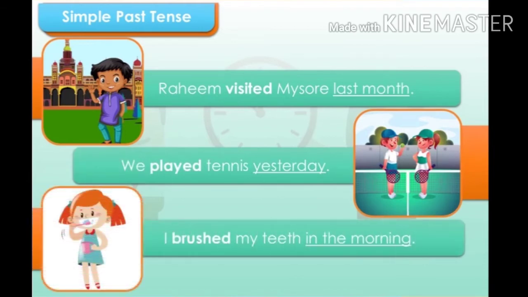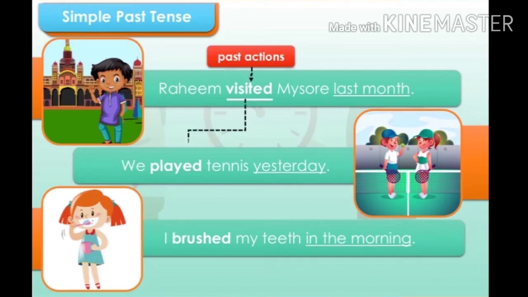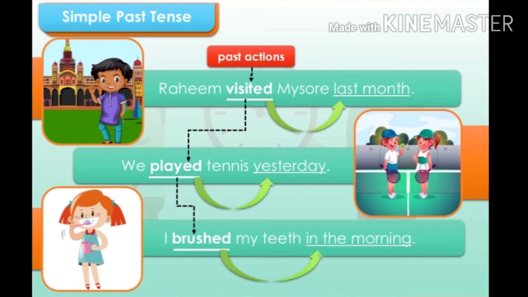We played tennis yesterday. I brushed my teeth in the morning. These sentences clearly show actions happened in the past. The action words visited, played, brushed talk about past actions, actions that are completed or finished. So they all are in past tense.